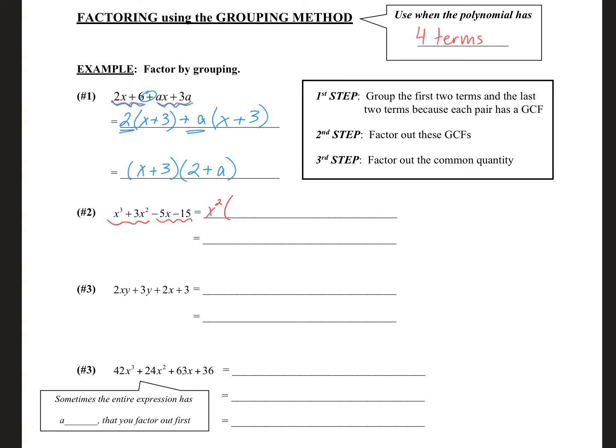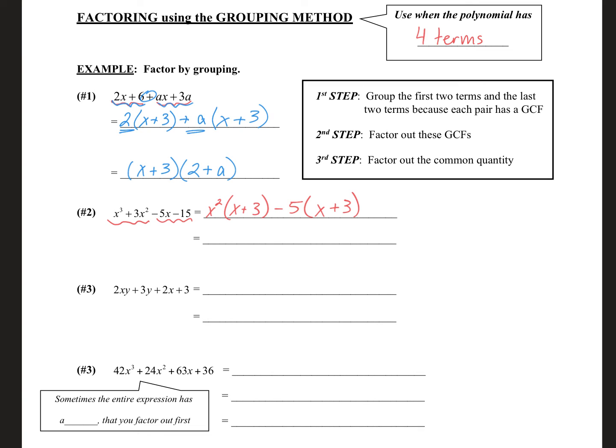Divide each of those terms by x squared, and we just have x plus 3. Now let's look at the third and the fourth terms. We have negative 5x minus 15. The greatest common factor here is going to be negative 5. Negative 5, so we get x plus 3.